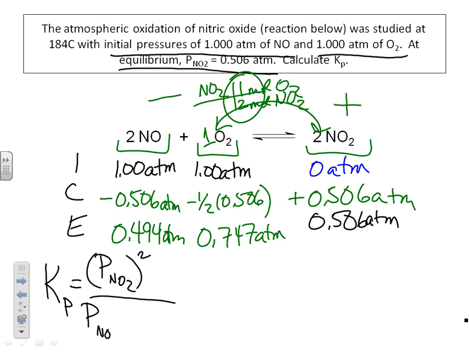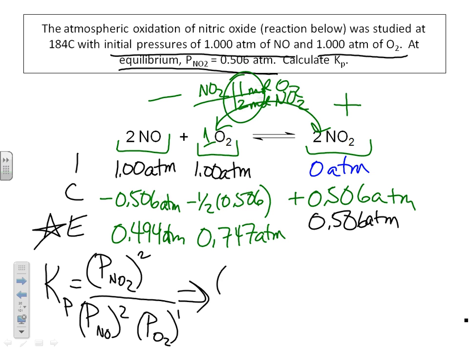Partial pressure of NO squared times, not add, but times the partial pressure of O2 raised to the first. So that's the Kp expression, but we know numbers, so we're going to plug in actual numeric values from that final line of the ICE chart. We're only interested in what the system looks like at equilibrium. So we don't care how much we started with. We just want to use those equilibrium values.